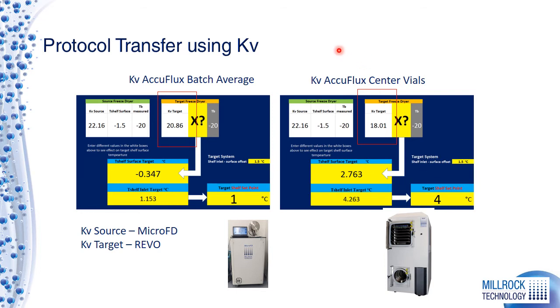So just to be clear, we ran a 0 degree protocol shelf temperature in the microfreeze dryer, which resulted in a slightly lower shelf surface temperature. And we used that for calculating the target shelf temperature, and we had to take into account the offset difference between the shelf inlet and the actual shelf surface. Let's take a look at what that looks like.